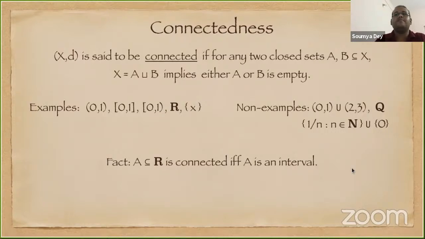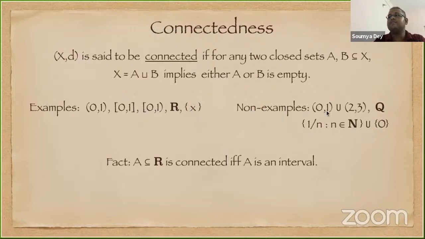What are some examples of connected spaces? You can take any open interval or closed interval, or even semi-open, semi-closed intervals. You can also take the whole real line or a singleton point, a one-point set. This is also a connected set.